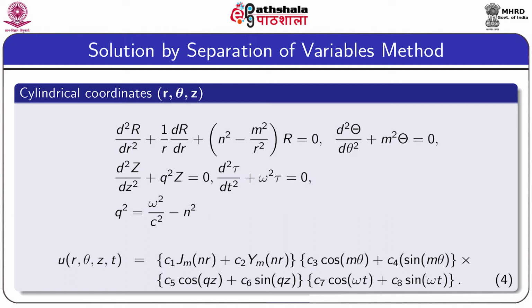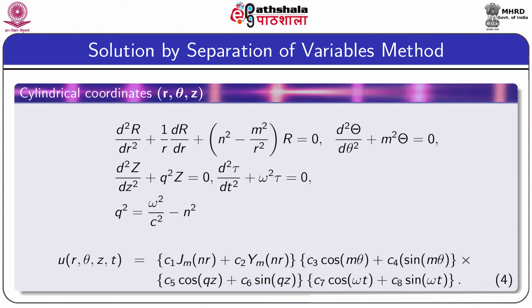So, its solution is a linear combination of Bessel functions of order m. Its general solution is given by C1 Jm(nr) plus C2 Ym(nr), where Jm and Ym denote Bessel functions of order m of the first kind and second kind respectively.